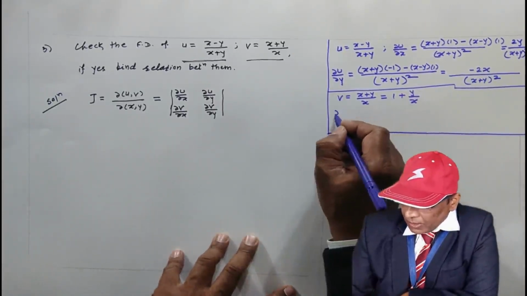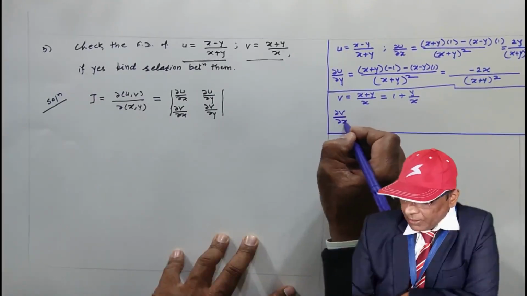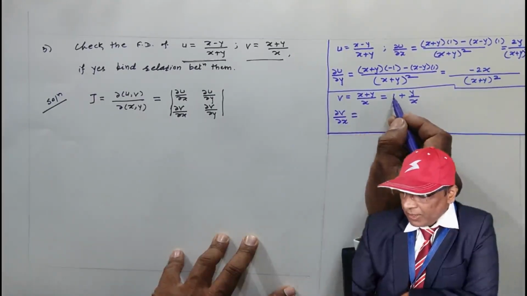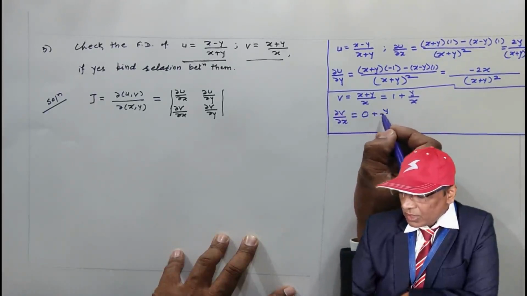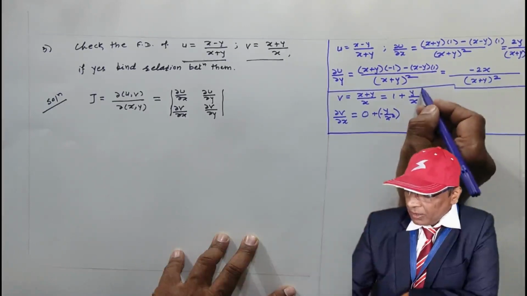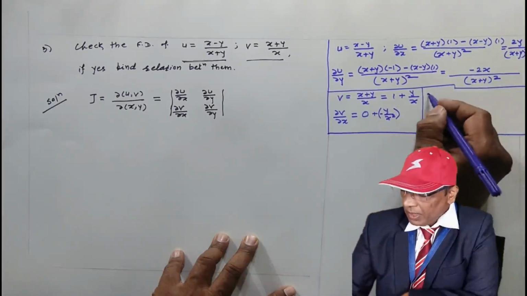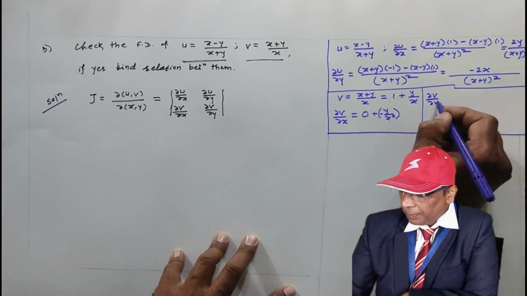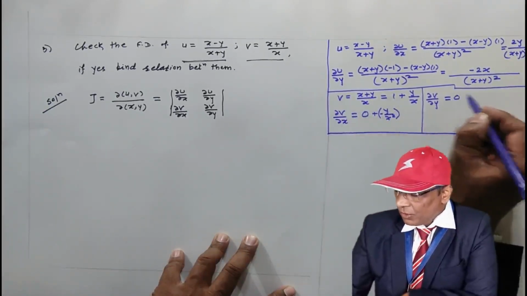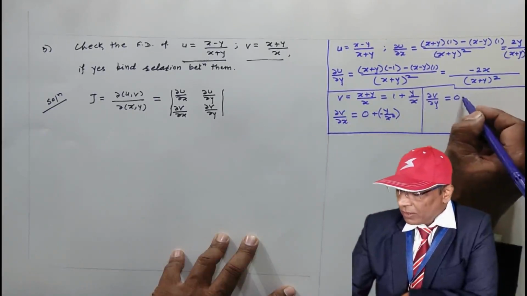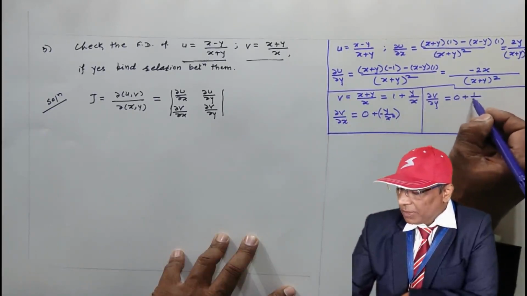Now del v by del x, derivative with respect to x, derivative of 1 is 0, derivative of y is a multiplicative constant, and derivative of 1 by x is minus 1 by x square. Is it? Now del v by del y, derivative with respect to y, derivative of 1 is 0 and derivative of y is 1 and 1 by x is a multiplicative constant.